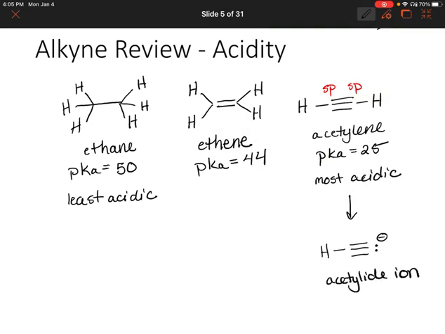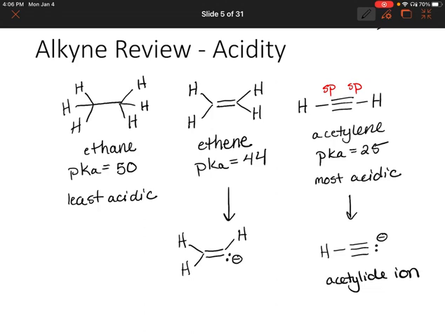There we go. All right, so the acetylide, however you want to say it, ion. And this is going to be a more stable base than the base that would result from ethene. And that will actually be more stable than the base that would result from ethane.